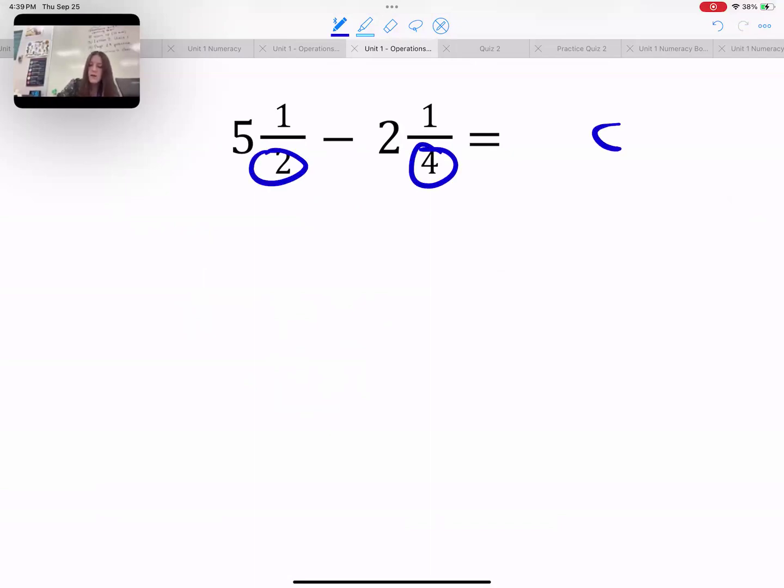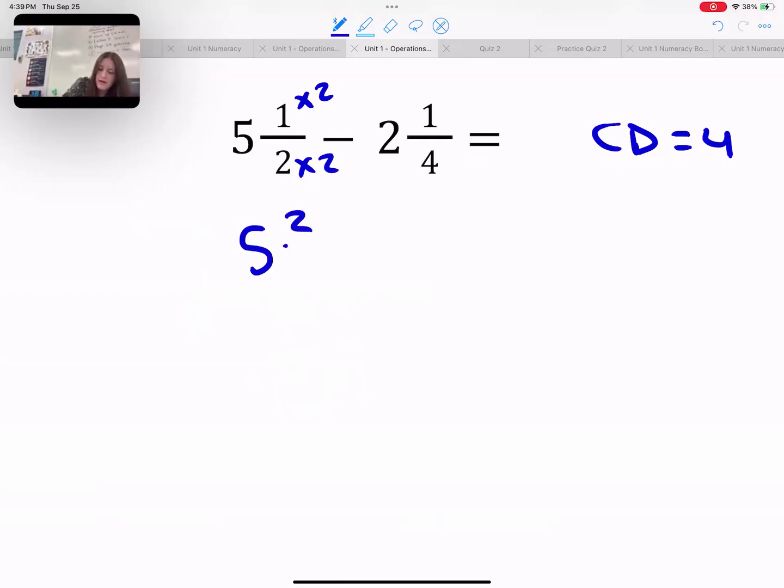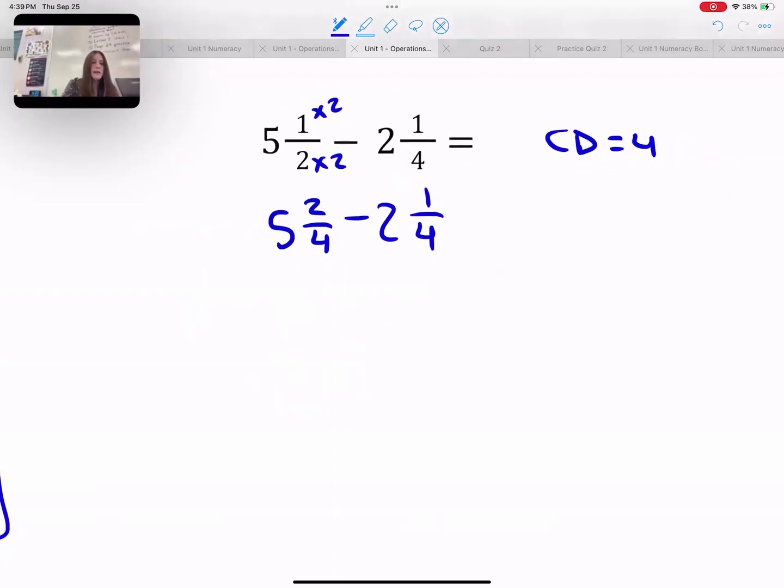My common denominator is going to be 4. So I am going to multiply the numerator and the denominator of this fraction by 2. And now I'm going to have 5 and 2 over 4. And I can leave this fraction the way that it is because it's over my common denominator. I rewrite it, and that is going to give me a nice number.